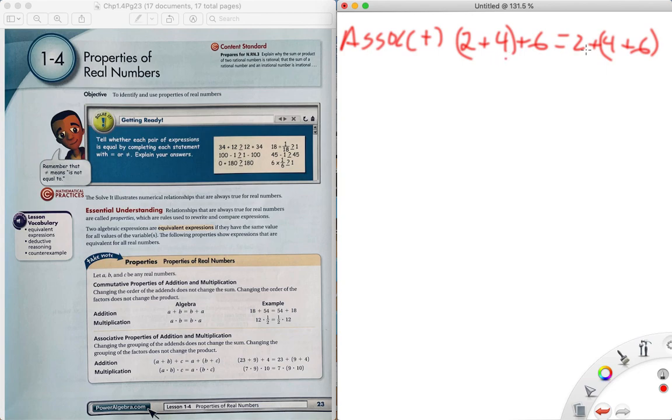What changes is which two numbers I decide to add first. On the left, I add the 2 and the 4 first, which gives me 6, and then 6 and 6 gives me 12. On the other side, I add the 4 and the 6 first, which gives me 10, and then 10 plus 2 gives me 12. So it doesn't matter which two numbers I add first, they will still give me the same answer.